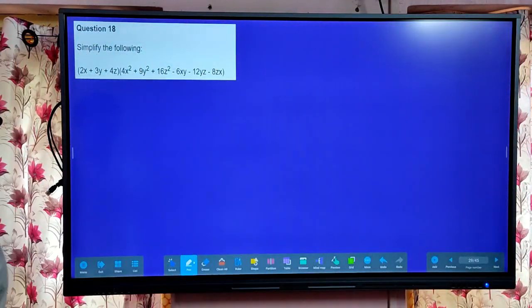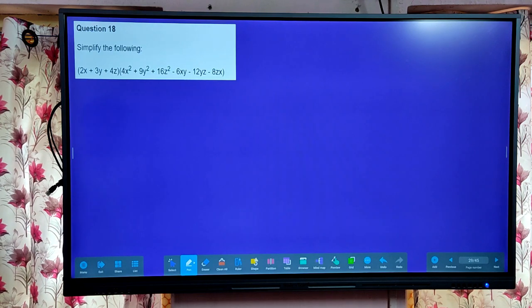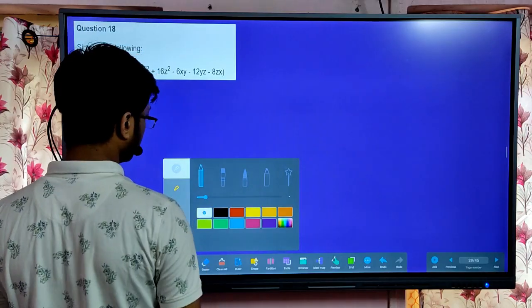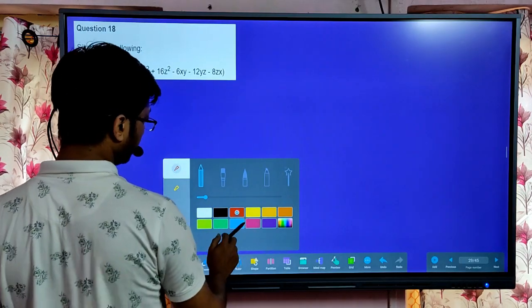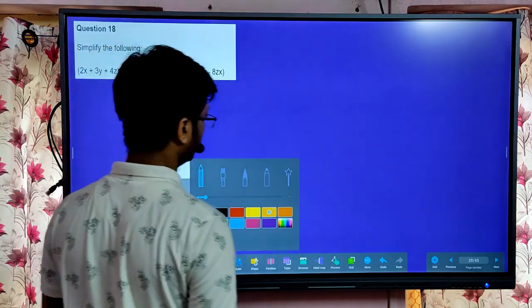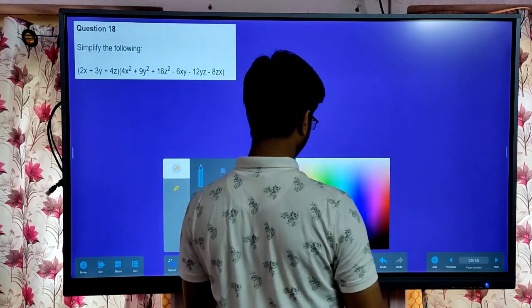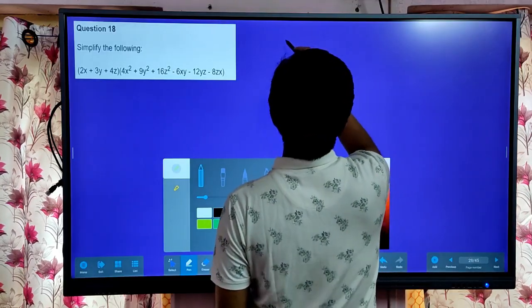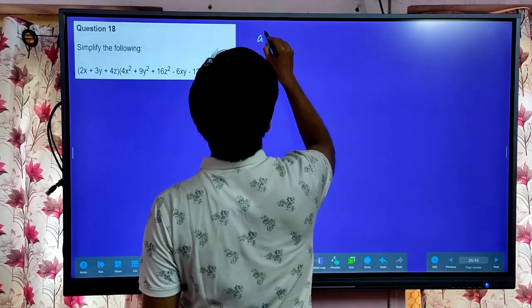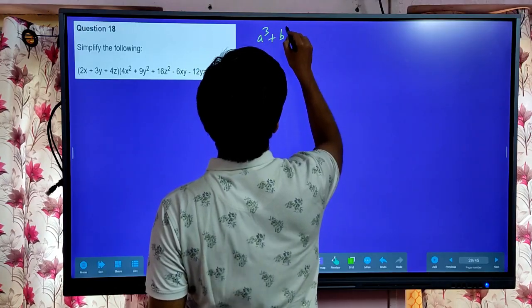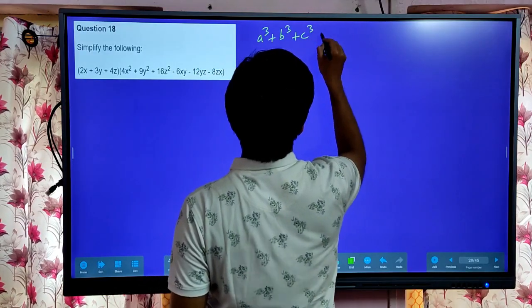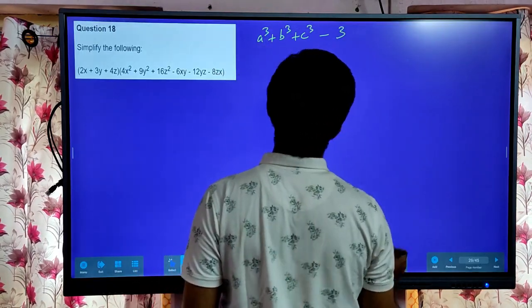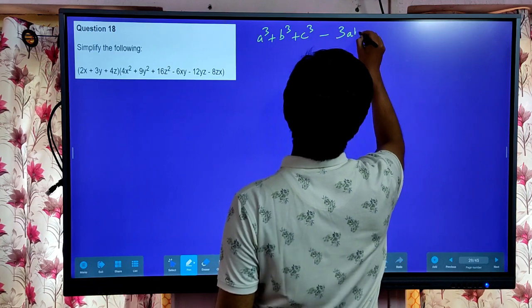Okay, so this big formula that I taught you at the end, which formula do you remember? Let me remind you once again. The big formula is a cube plus b cube plus c cube minus 3abc.